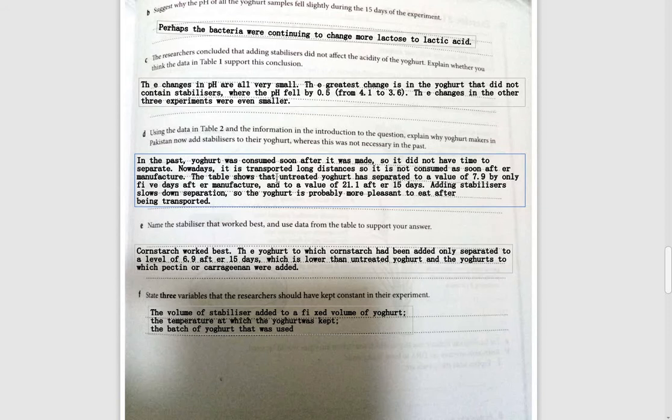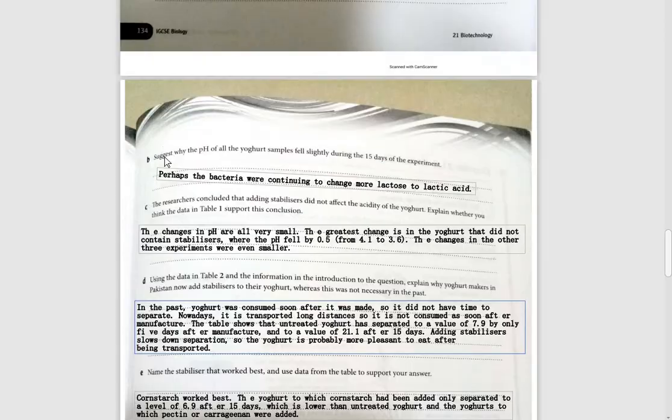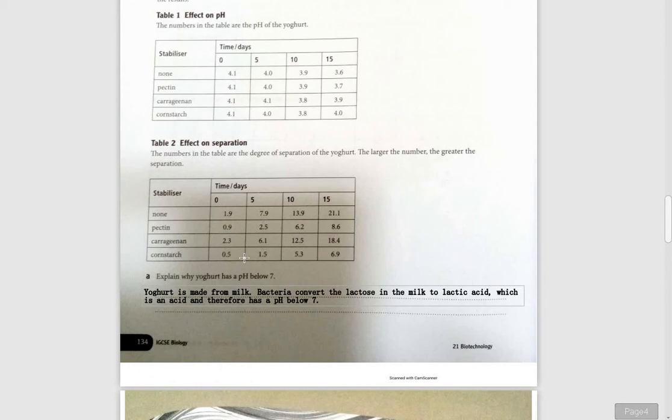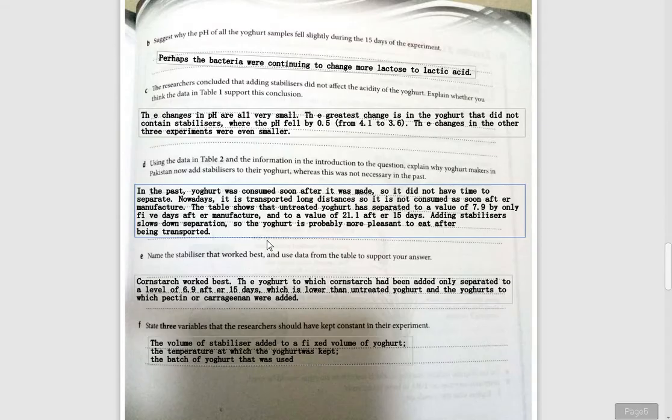Basically you have to explain why adding stabilizers is more necessary now than in the past. You have to correlate the information, the effect on the separation. It's quite simple, not that complicated, but it's a bit of analytical thinking.